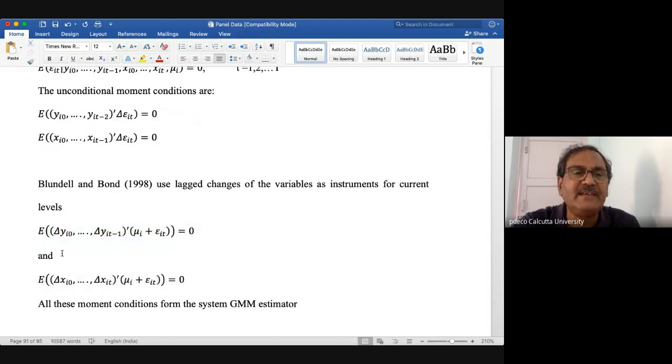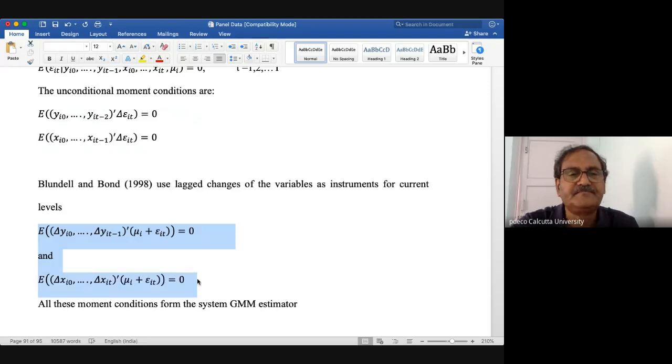So the addition in Blundell and Bond is these two conditions. If we consider all moment conditions, both in terms of the variables as well as in terms of the past differences, you have a system GMM estimator.